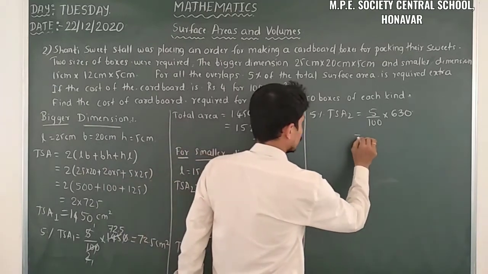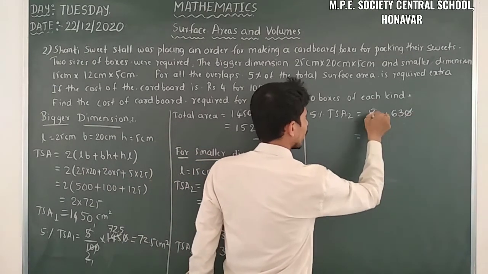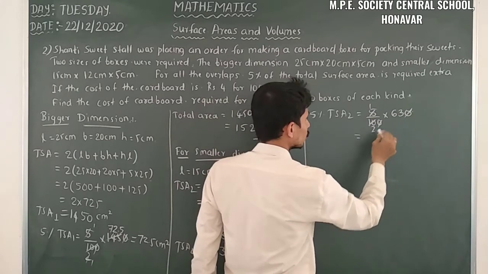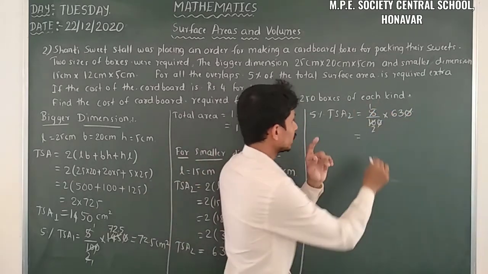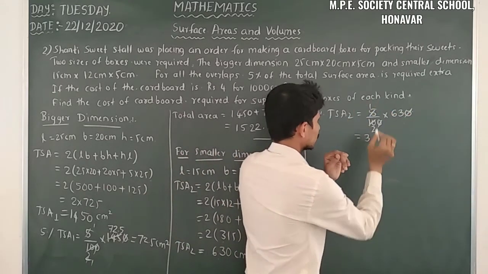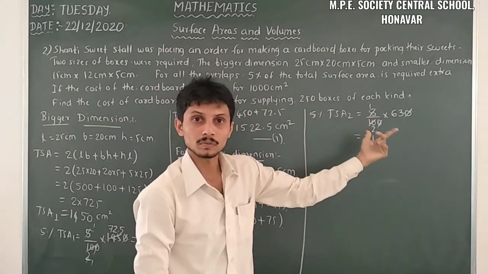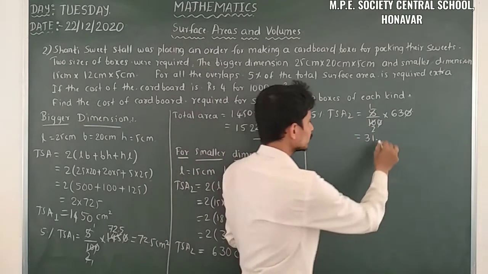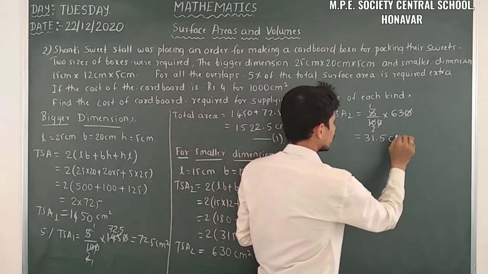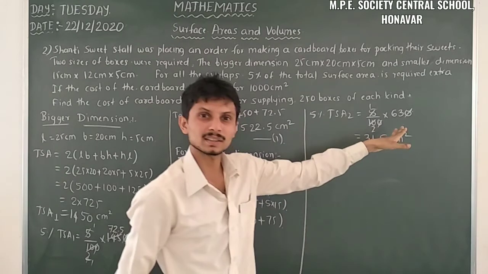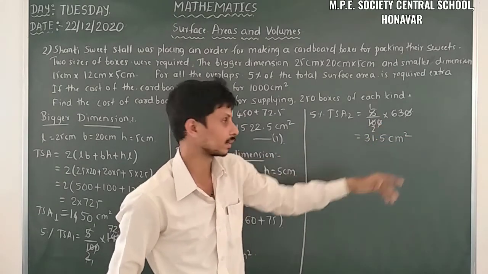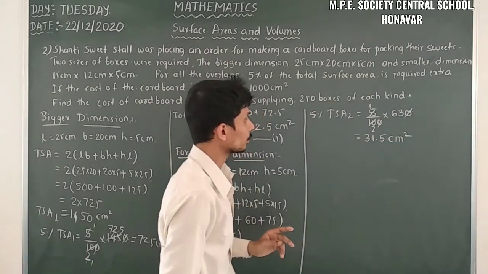Is equal to 31.5 centimeter square. Or you can take the division also on another side. So this is the 5% of TSA.